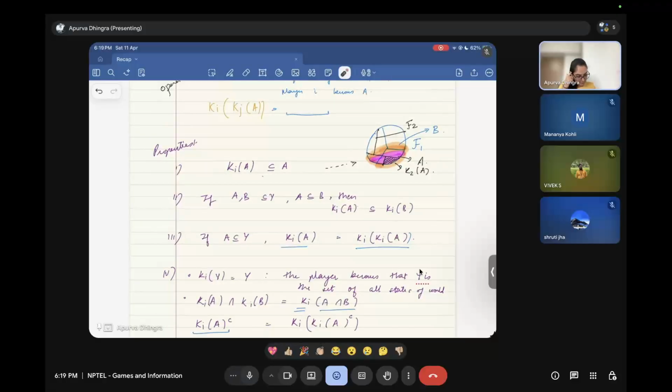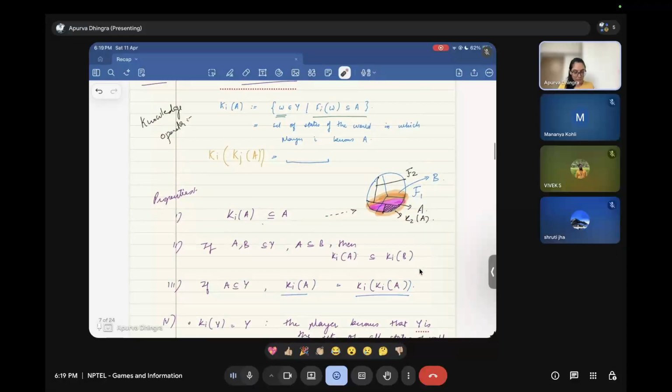So here, take this orange region to be the event B, and this pink region to be event A. Now B is the superset of A. To look at the knowledge operator, we have to look at all those omegas, all those states of the world which cannot be distinguished, but they together are a subset of whichever event we are talking about. So first, let's say the partitions are given by these black lines.